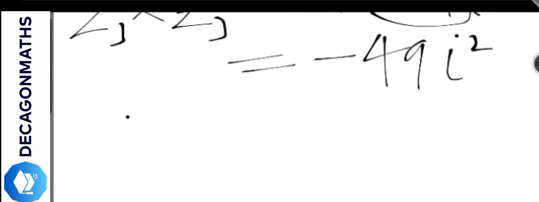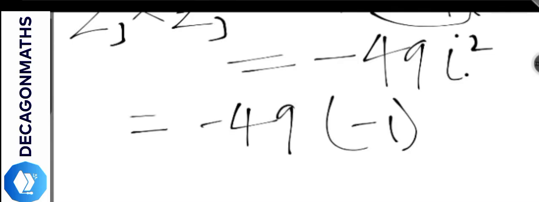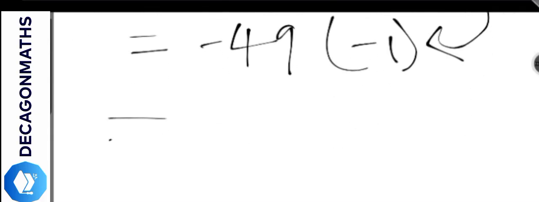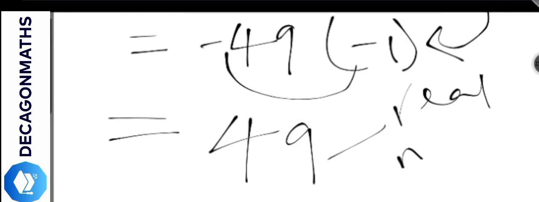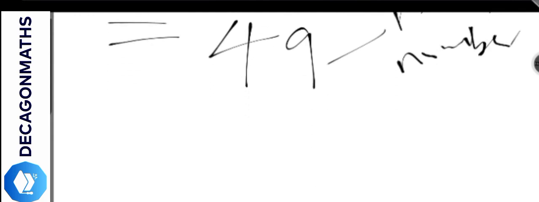So this equals minus 49 bracket minus 1, because i squared is minus 1. So minus times minus is a positive, so we just have 49. Again, 49 is a real number, right?